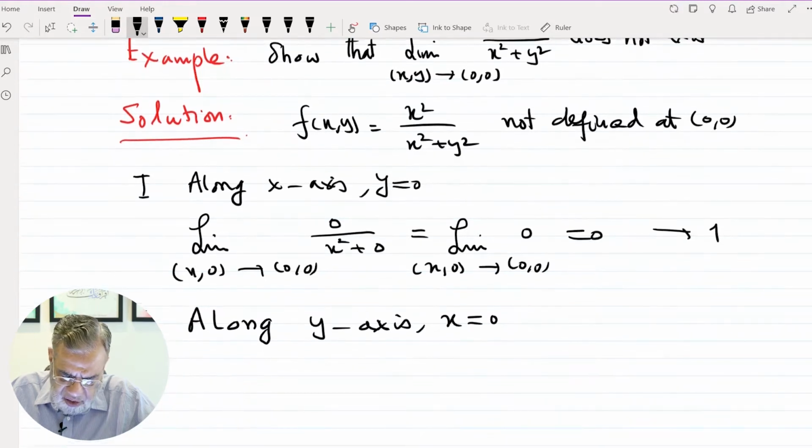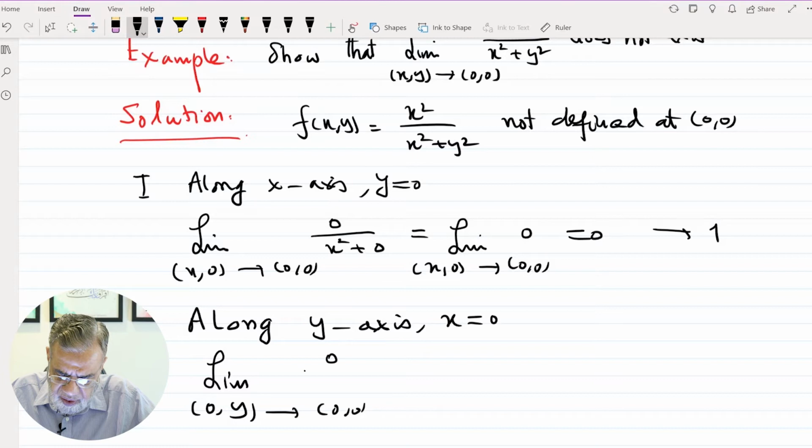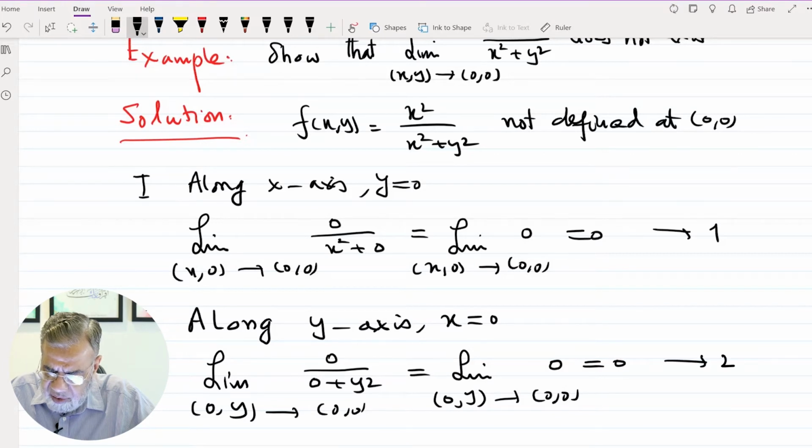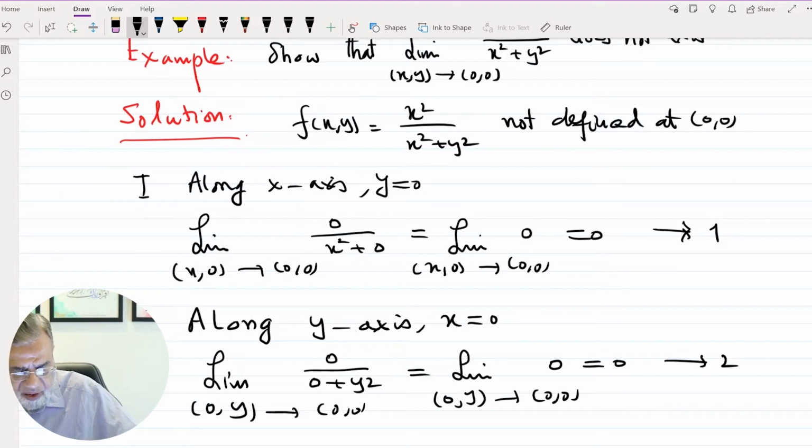When I take x equal to 0, I can redefine my limit as (0,y) going to (0,0). We have xy, where x is 0, then this is equal to 0/(0 + y²). So again I get the limit as (0,y) goes to (0,0) equal to 0. This is my number 2. It's very interesting to see that the limit along the y-axis is 0, and along the x-axis is 0.